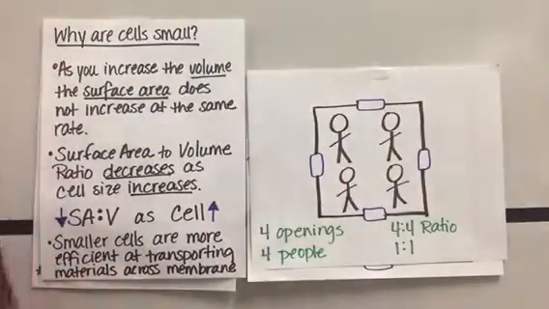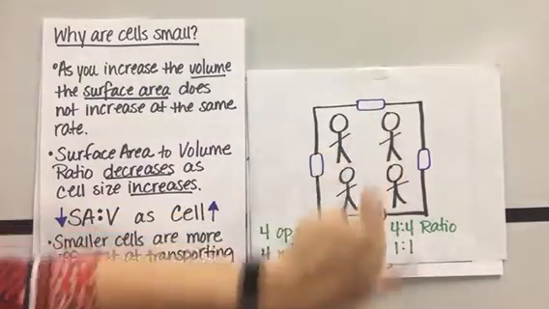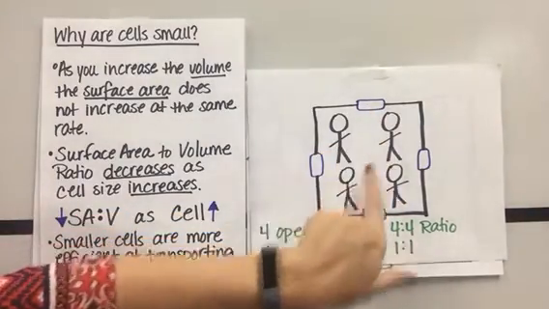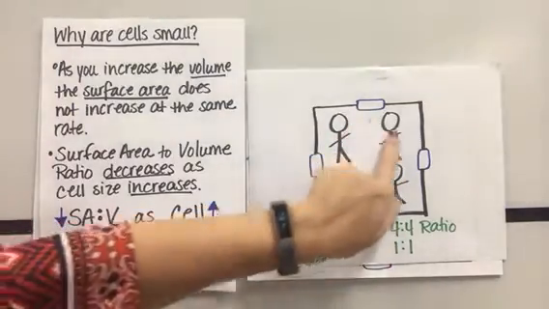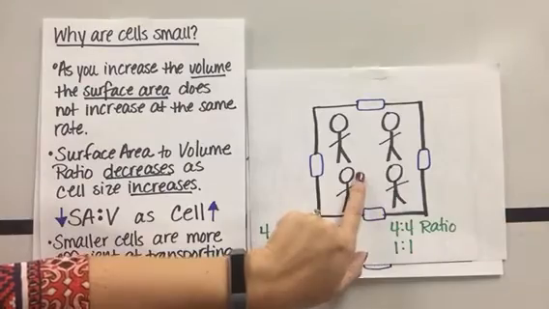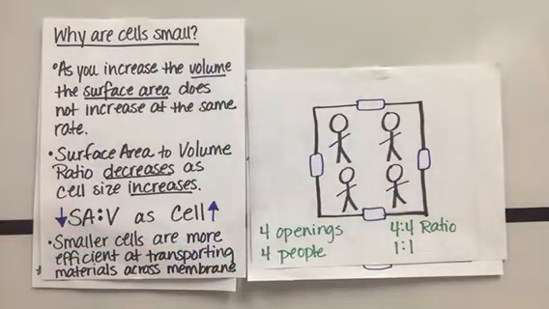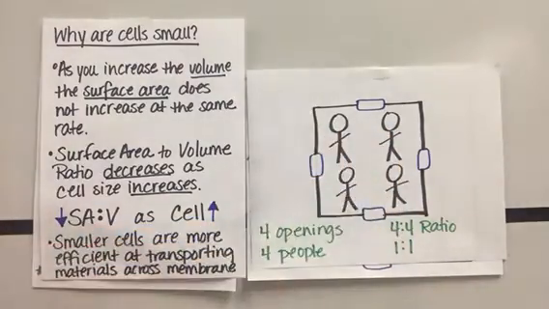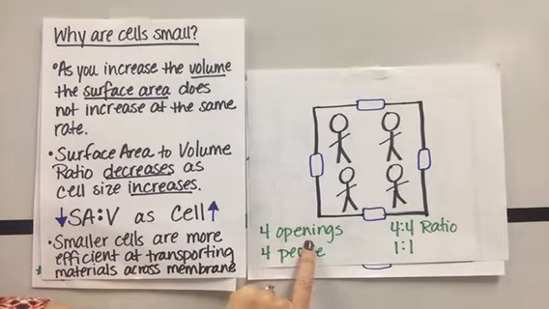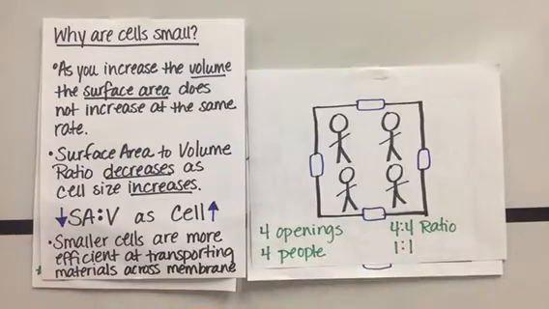As we increase our size, we notice that we still only have 4 trash cans, but now we've increased our people. This is because our volume has increased enough that we can fit more people. But for this scenario, we still were not able to fit as many trash cans because our volume increased at a greater rate than our surface area. So when you look at our ratio, we have 4 openings, we have 4 people, so it's a 4-to-4 ratio, or you can say it's a 1-to-1 ratio.